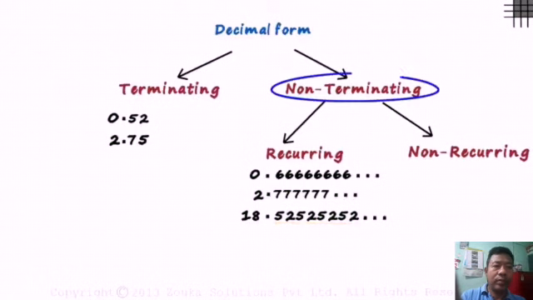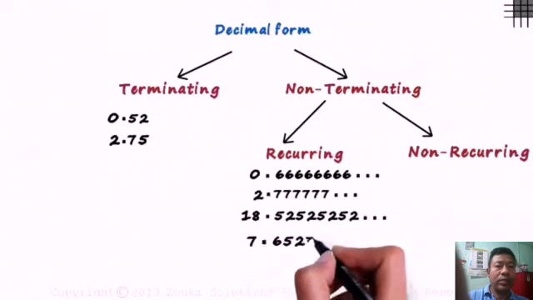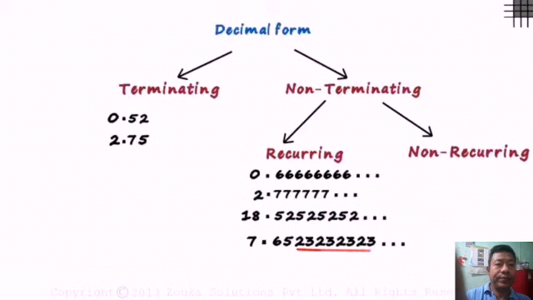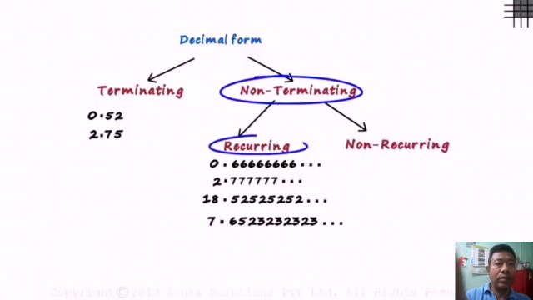Let's take another example of non-terminating recurring decimals. 7.6523232 and so on. Here the digits 2 and 3 are repeated indefinitely, whereas 6, 5 are not repeated, and this is also in the form of non-terminating recurring decimals.